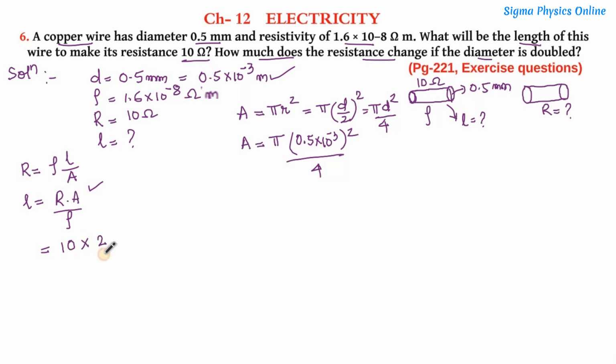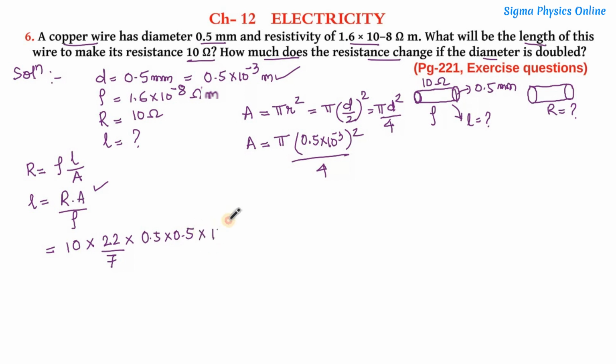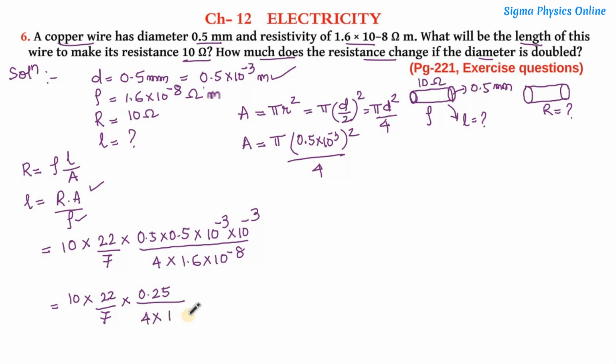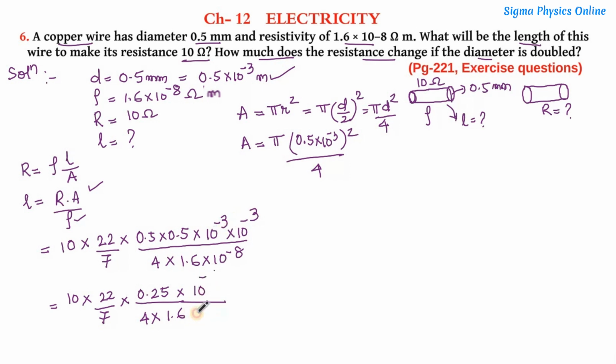Area of cross section we got is pi, that is 22 by 7 into 0.5 into 0.5, because it's 0.5 whole square, into 10 to the power minus 3 into 10 to the power minus 3 by 4 into the resistivity rho is given as 1.6 into 10 to the power minus 8, which is 10 into 22 by 7 into 0.5 into 0.5 is 0.25 by 4 into 1.6 into this 10 to the power minus 3, and 10 to the power minus 3 is 10 to the power minus 6 into 10 to the power minus 8.